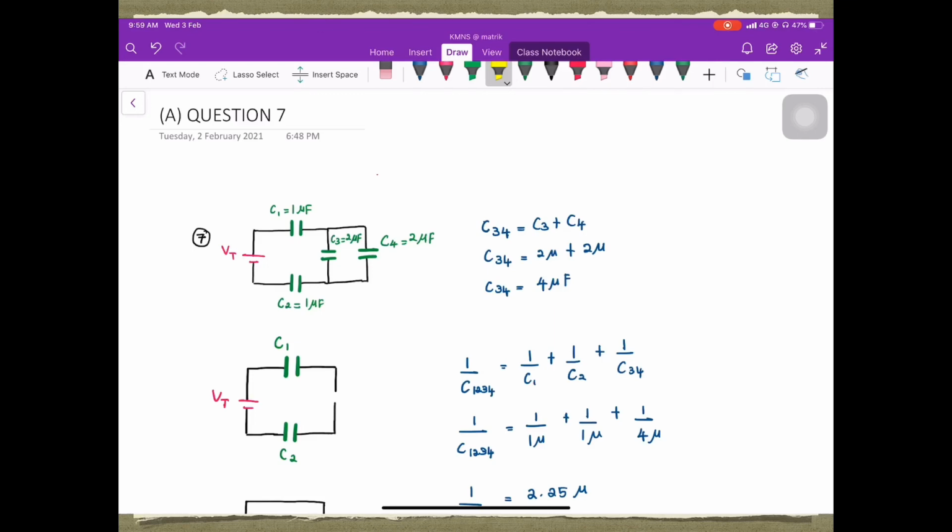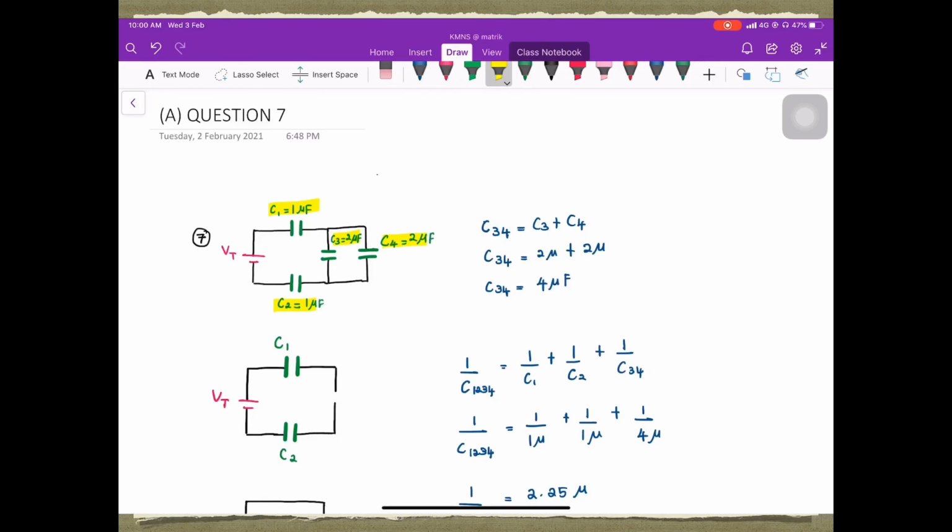Question 7. Okay, how many capacitors here? C1, C2, C3, C4. Okay, for this circuit or this arrangement, we need to start at which capacitor? C1 and C2, or C3 and C4? Which one?